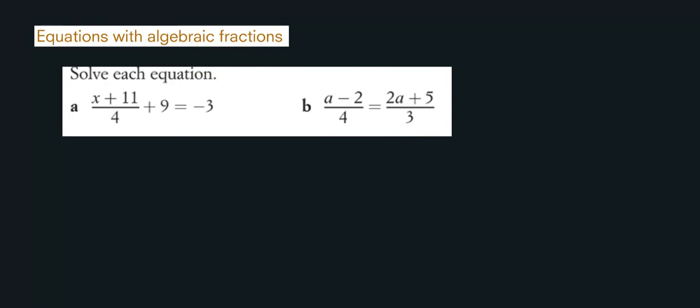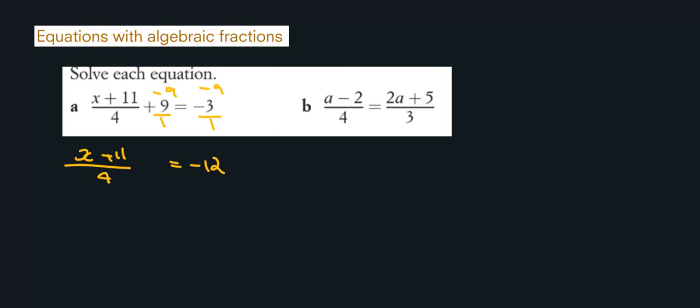So hopefully you've had a go at doing these. I'm just going to write these out of 1. Don't forget that every integer is a fraction because we can put it out of 1. Now we can start on this equation by just subtracting 9 from both sides. That helps us immediately. So if we subtract 9 both sides, we get negative 3, negative 9 is negative 12.